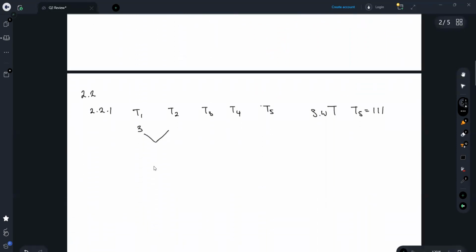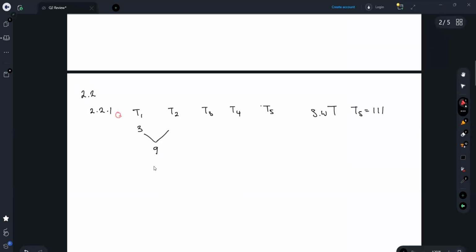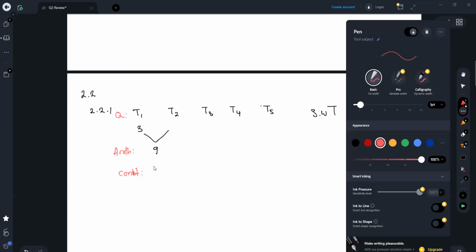So the first value of the arithmetic pattern, remember that this up here is your quadratic, and this down here will be your arithmetic, and whatever we have down here will be our constant.